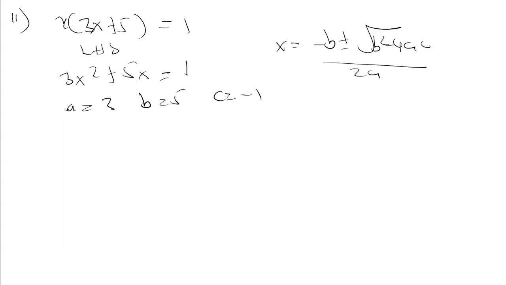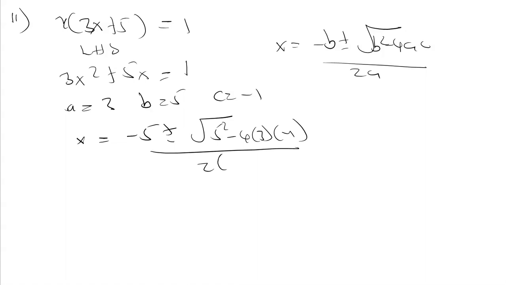So what we have now is x equals -5 plus or minus the square root of 5 squared minus 4 times 3 times -1, over 2 times 3.